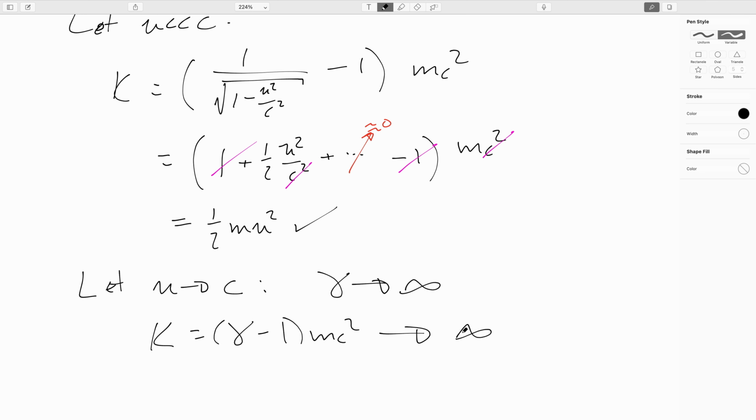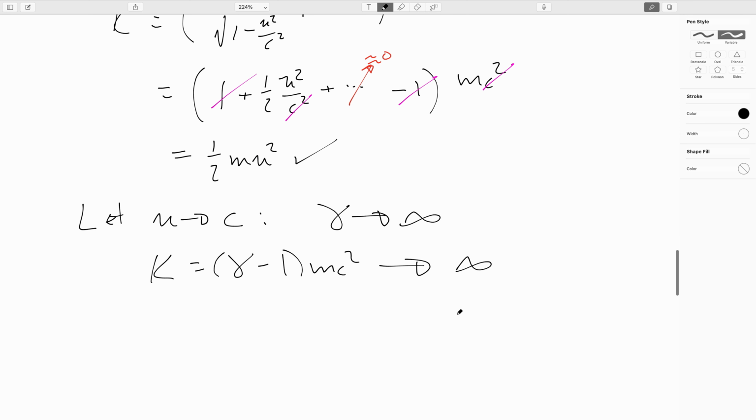So if we were going to attempt to get an object up to the speed of light, we would literally need an infinite amount of energy, which is more energy than there is in the universe. And we can't even begin to discuss going beyond it if it's going to take infinity just to get to the speed of light.